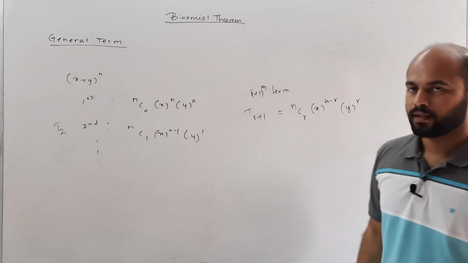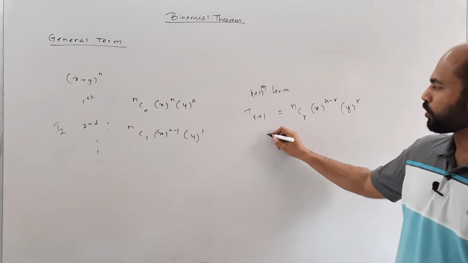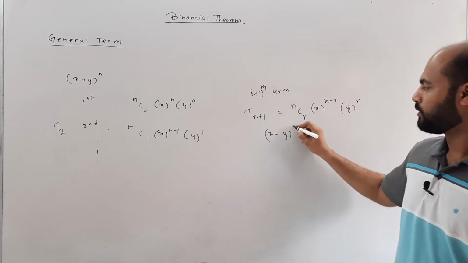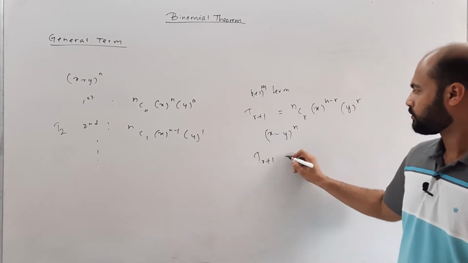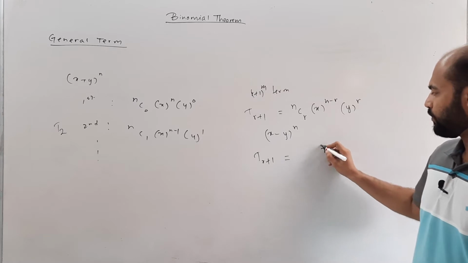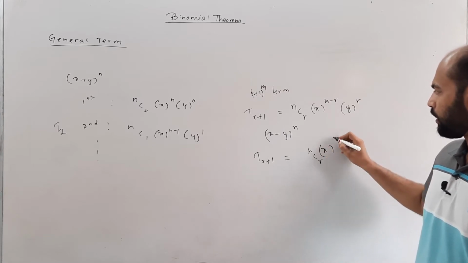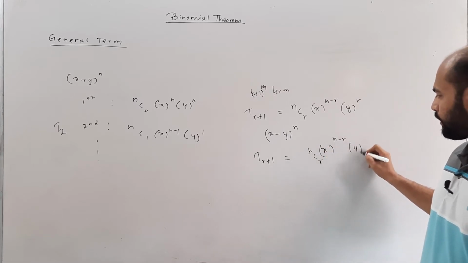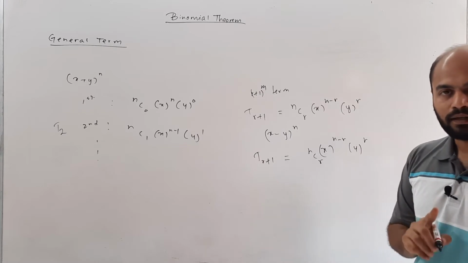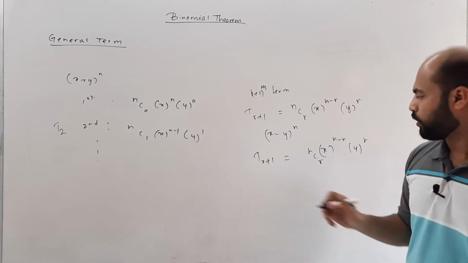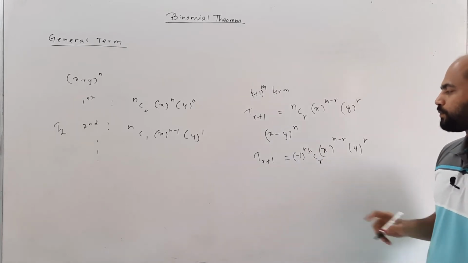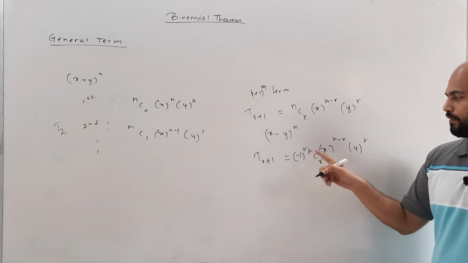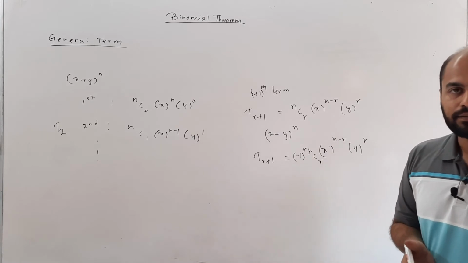What happens if we are talking about (x - y)^n? Any general term over here would be written with everything remaining the same, nCr x^(n-r) y^r, just that there is an addition of (-1)^r. So according to this, the sign will be decided.